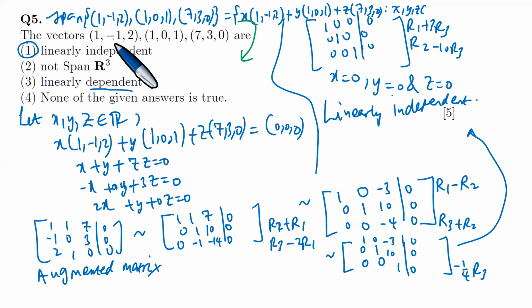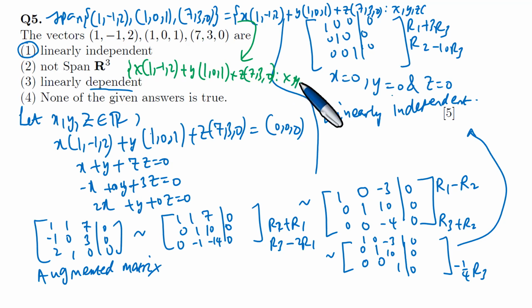I'm just elaborating on the span. The span of this would be x into the first one plus y into the second vector plus z into this one, where the x, y, and z, ideally, if we were doing things over the real numbers.